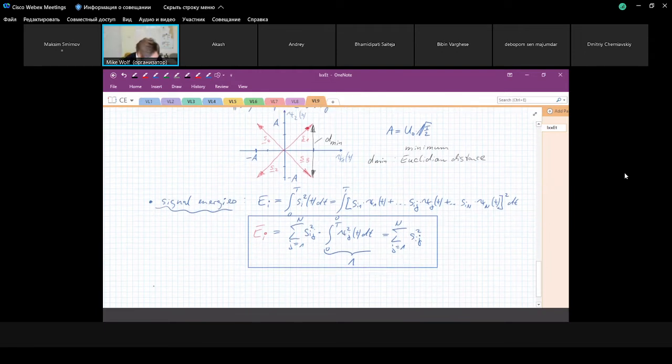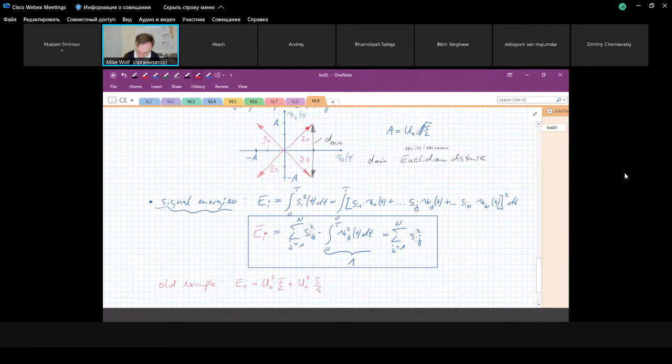And if you take a look at the old example, we can see this works, of course, because we can say, for instance, for the first signal, what is the first coefficient square? It's u naught squared times T by 2. And the second one is u naught squared times T by 2.